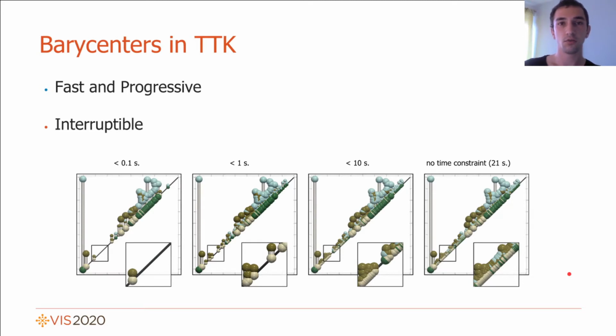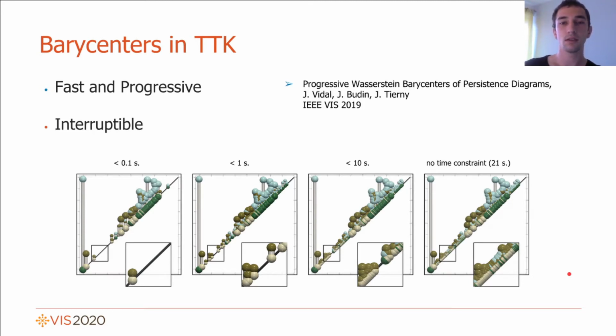It's a progressive approach that's been documented in a paper from last year, presented at VIS 2019. The computation is progressive, so basically at the beginning only the most persistent features of the diagrams will be added into the computation, and as time goes by a lot more persistence pairs will be added in the decreasing order of persistence.